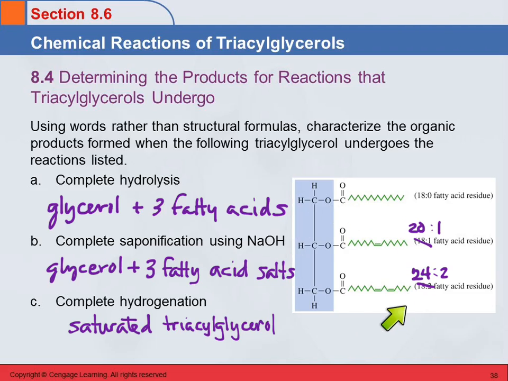You would get a triacylglycerol that is more saturated, but you can't really predict exactly. You could get some that are completely saturated and some that aren't. And basically, they just hydrogenate it enough to do what they want to the melting point. And so they'll take something that's a liquid at room temperature and partially hydrogenate it.